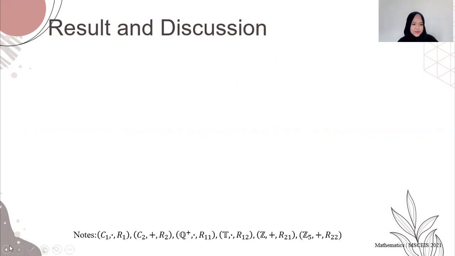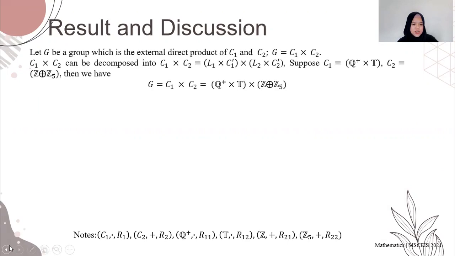Result and discussion. Let G be a group which is the external direct product of C1 and C2, or we write G equals C1 direct product C2. C1 and C2 can be decomposed into C1 equals L1 direct product C1 accent and C2 equals L2 direct product C2 accent.